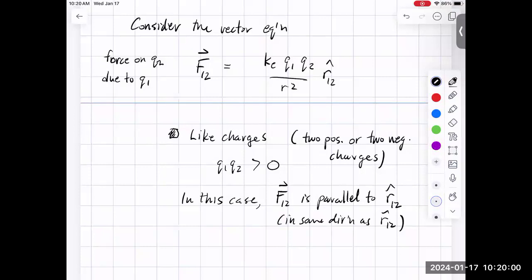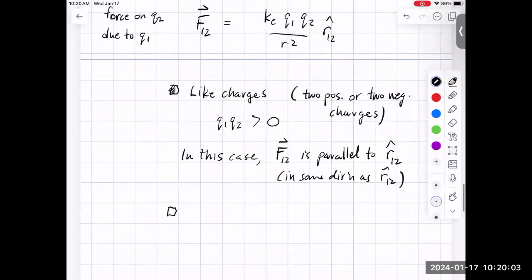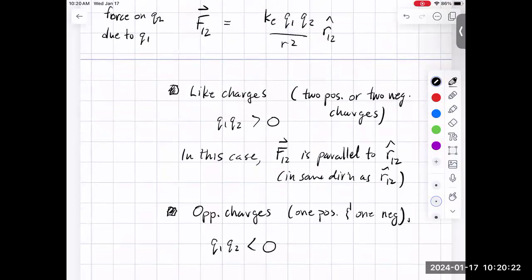All right, and then you can probably see what we're going to do. If we have opposite charges, 1 positive and 1 negative, then this product Q1 times Q2 will be negative. And then when we plug that into our vector equation for this force, we're going to have some negative quantity times this unit vector.